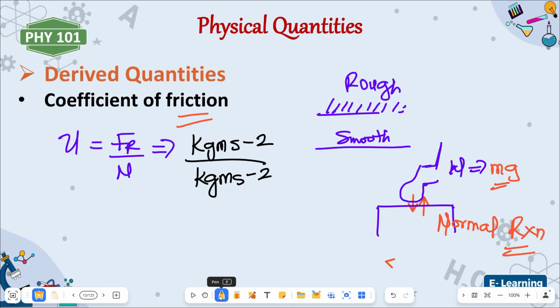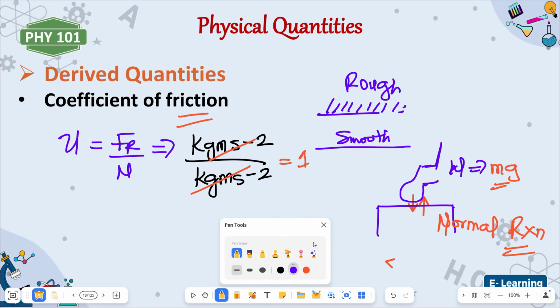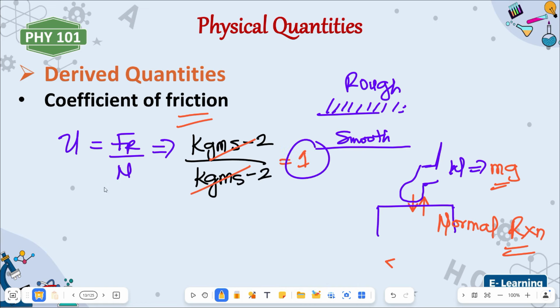All right? So when you finish, this cancels this, and this will give us 1. So it does not have any unit. Coefficient of friction is unitless. If you see something like this in the exam, no units. It does not have any unit.